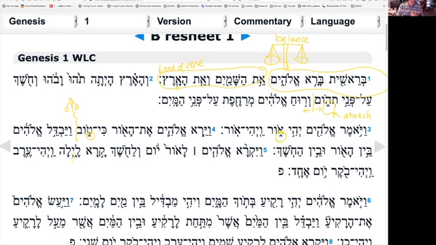Let's look. Oh, here it is. Vayikra Elohim laor yom v'lachoshech kara laila vehi erev vehi boker yom echad. So again, here is the balance in the text.